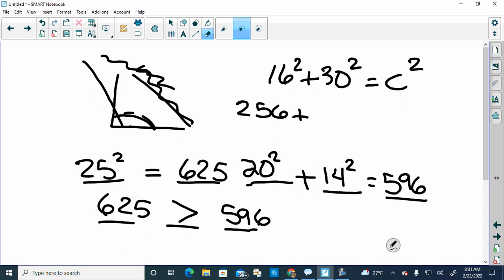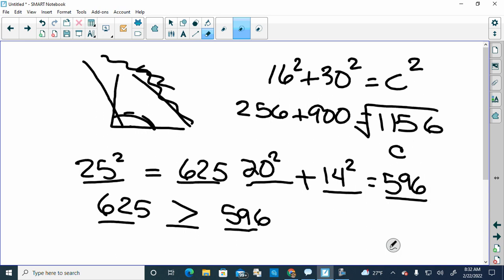If you square 30, so 30 times 30, not 30 times 2, that would give you 900. Then you add those two together, and that gives you 1,156. But that gives me C squared, and I don't want C squared, I want just C. So to get rid of the squared, I need to take the square root of that, which gives you 34. What about number 2?